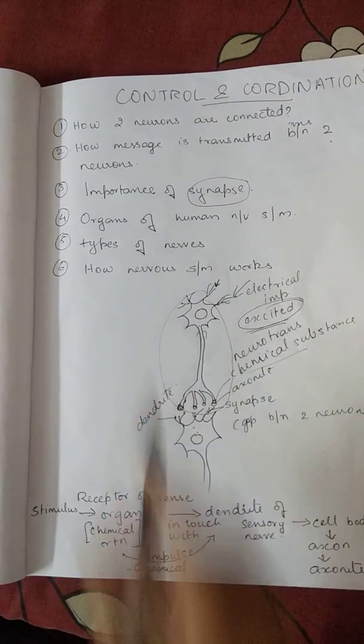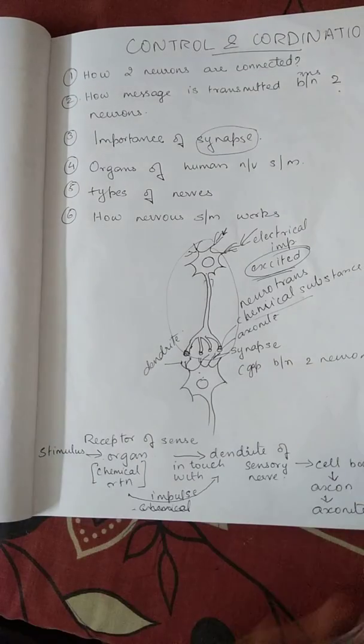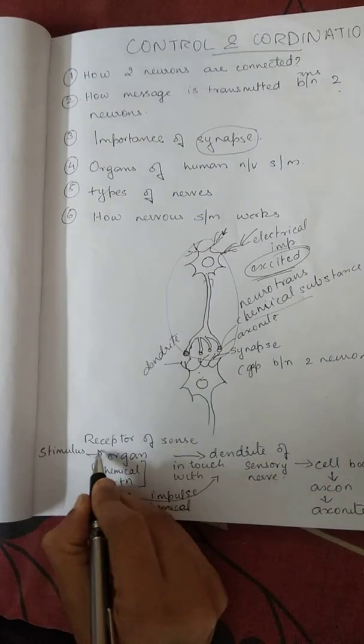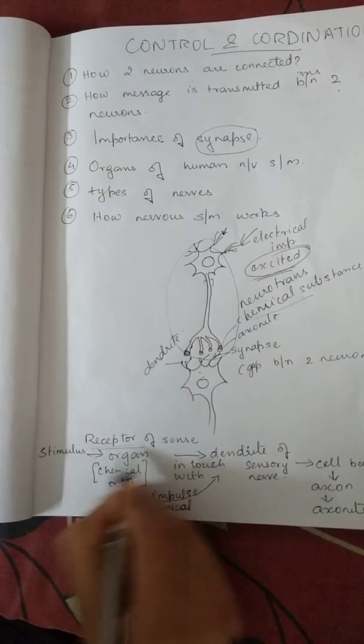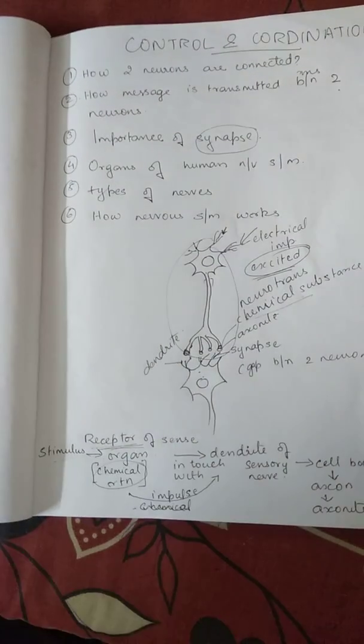But before that, let me tell you how exactly this transmission happens. See, when a light comes, what happens? The receptor receives the stimulus. In the receptor, some chemical reaction is set off.